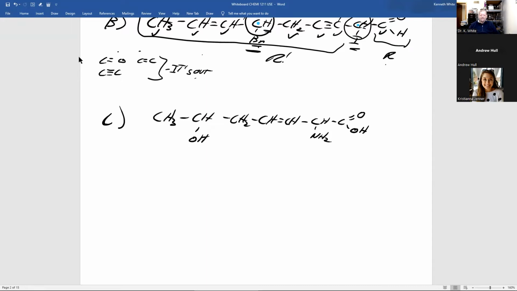And when you're done, give me a thumbs up. Remember, a chiral carbon has to have 4 different groups, or 4 different atoms, or a combination of 4 different atoms and groups.